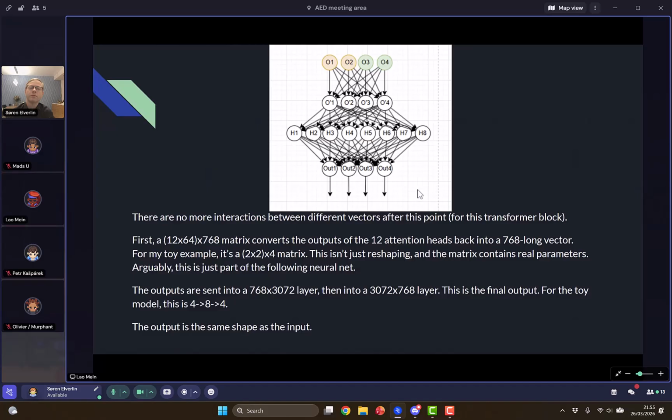Also, very important to note, the tokens only interact with each other through the attention mechanism. There is no other interaction. Everything else happens alone. They also go through the same feed-forward network. They go through the same value matrix. They go through the same key and query matrices.